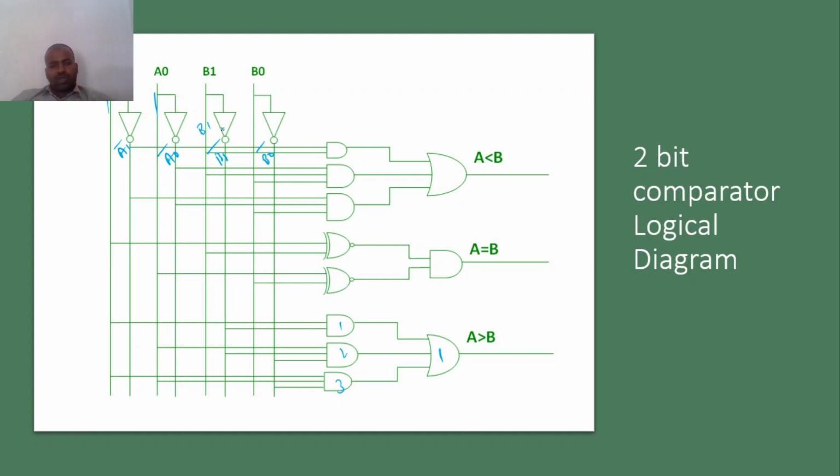Let's take the inputs from the corresponding lines and connect the gates. Finally we got a logical diagram like this: a less than b, a equals b and a greater than b. So this is the logical diagram for the 2-bit comparator, right?